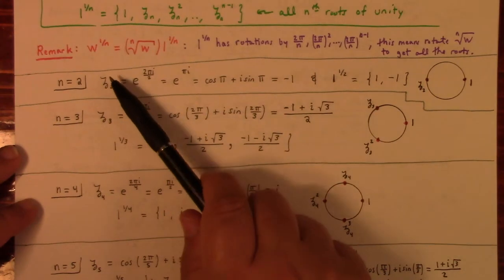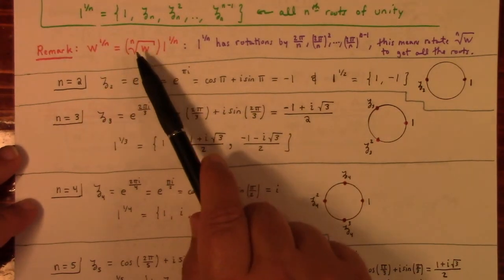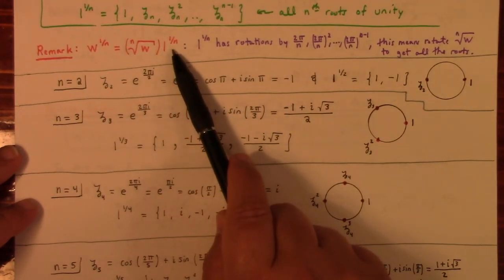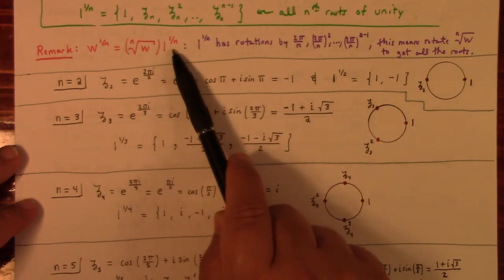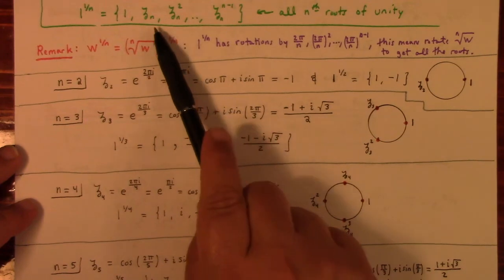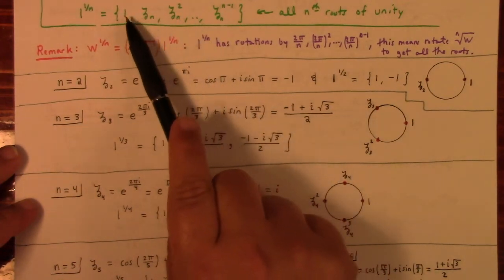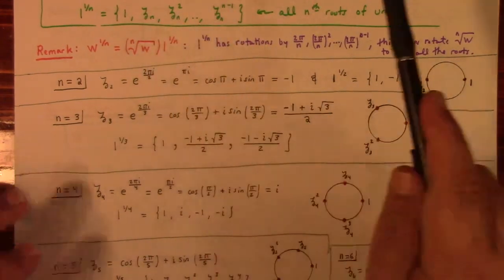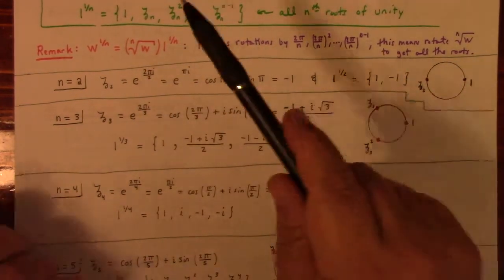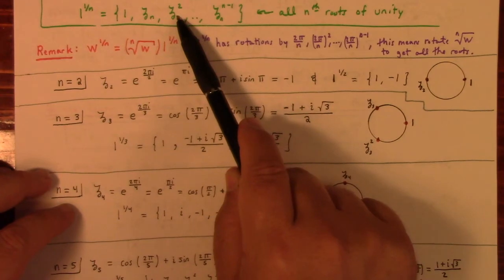Oh, by the way, you can write w to the 1 over n as the principal nth root times this set. So essentially you find one answer and then the rest of them are obtained by rotating by zeta n and so forth. What these accomplish in terms of complex multiplication is rotation. Rotations by angle 2 pi over n times 2 and so forth.